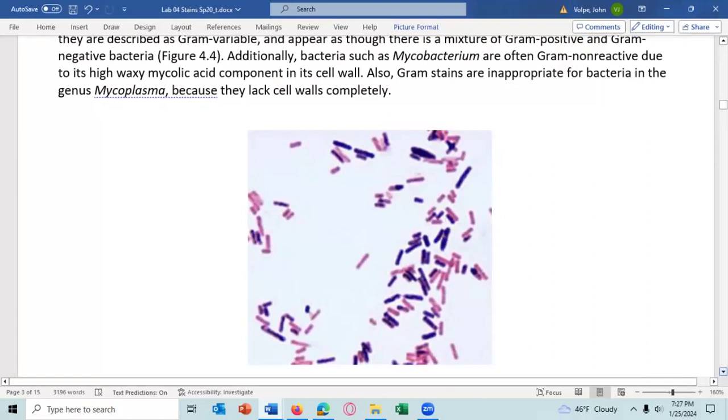However, there are other things in the cell wall like mycolic acid, which are not normally seen in other families of bacteria. So mycolic acid is only found really in two families, the Mycobacteria and the Nocardia.